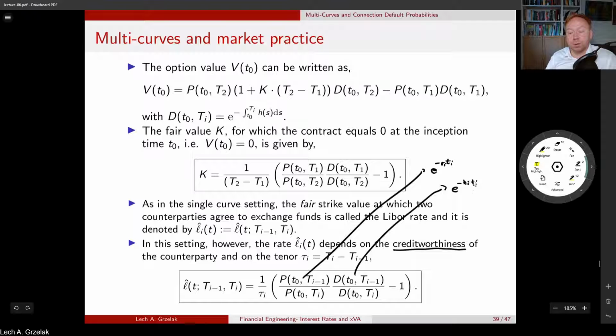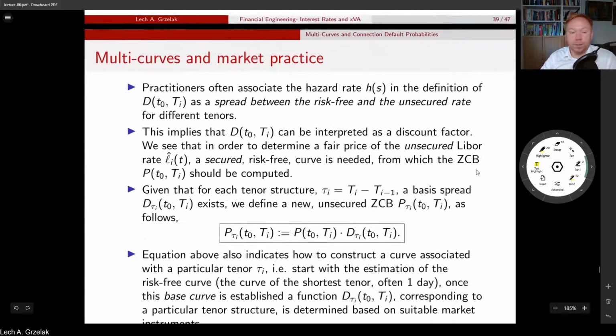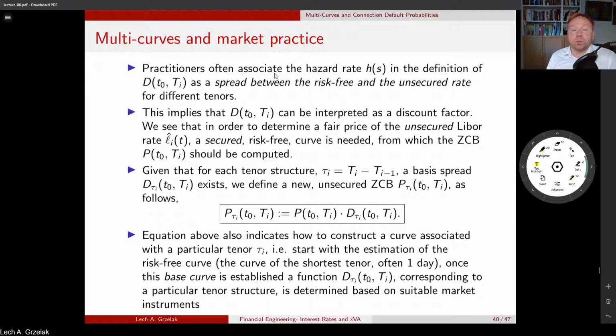So you say it's equivalent, and this will be the mapping of this hazard rate function. So this one, you can still map it to some kind of effective h_i. So practitioners often associate this hazard rate, the one that we have just seen in the definition d(t0, ti), as a spread between risk-free and the unsecured rate of different tenors. So this is what we have established.